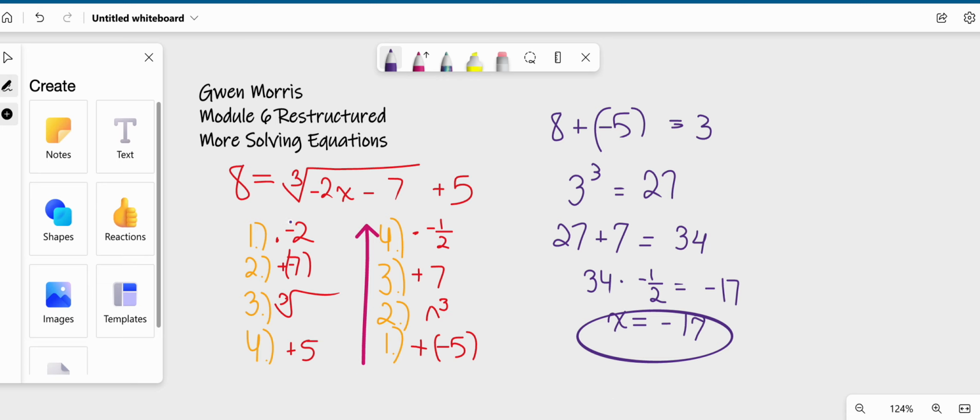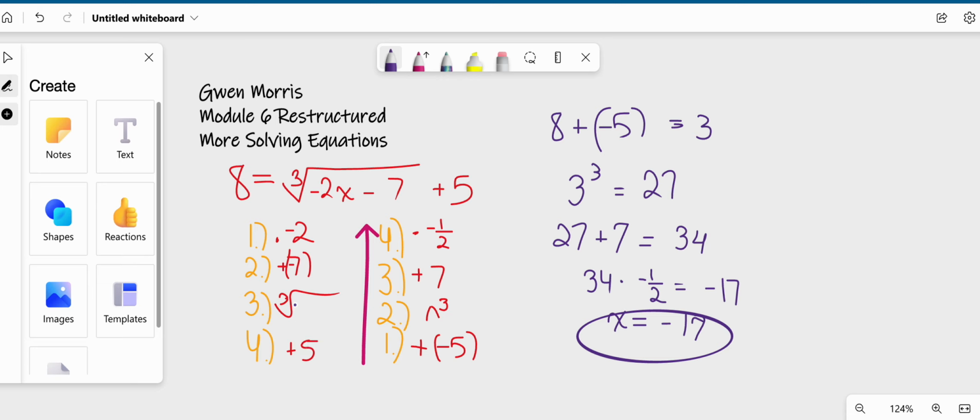I was able to first identify my operations being used, then find the inverse operations, and find my zero and one pairs. I know we've been moving away from this word, but finding zero pairs and one pairs is what you previously might have called canceling out, which we're trying to get away from.